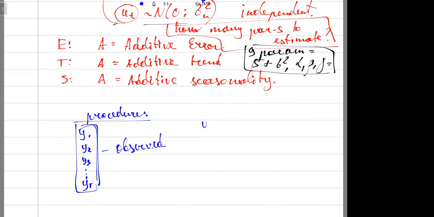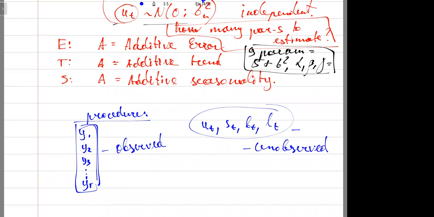And UT, ST, BT, LT are all unobserved. It's just our view of how YT is constructed, but they are not observed.